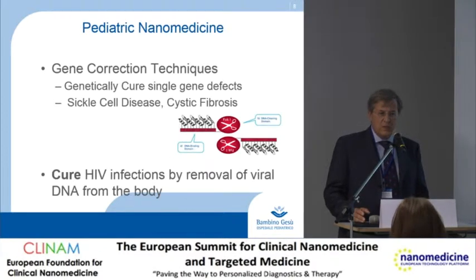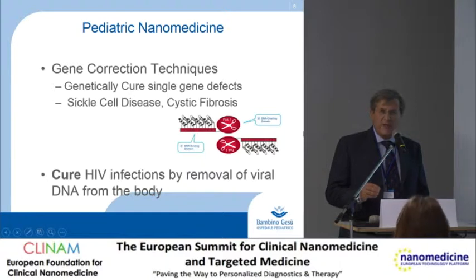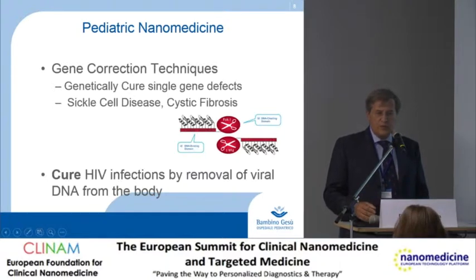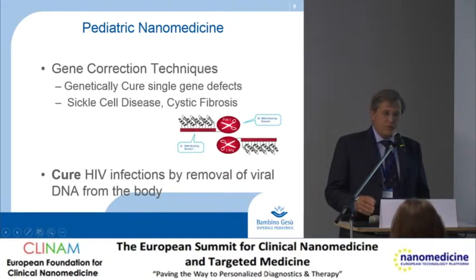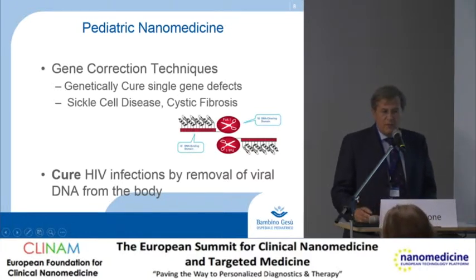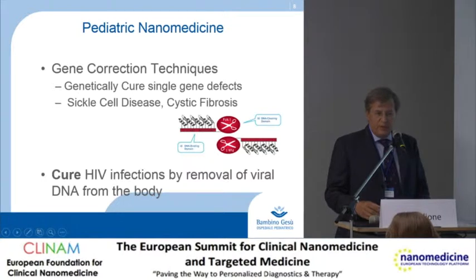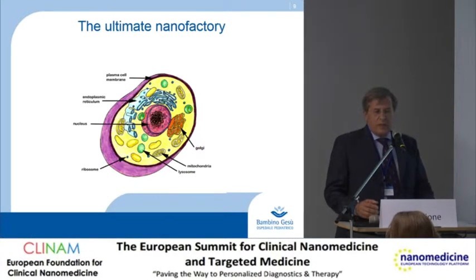This is because gene correction techniques are probably the best approach for diseases caused by single gene defects, like sickle cell disease or cystic fibrosis, or the treatment of HIV infection by removal of the viral DNA from the body. The ultimate nanofactory is the cell, so it's at the cell level that we have to work.